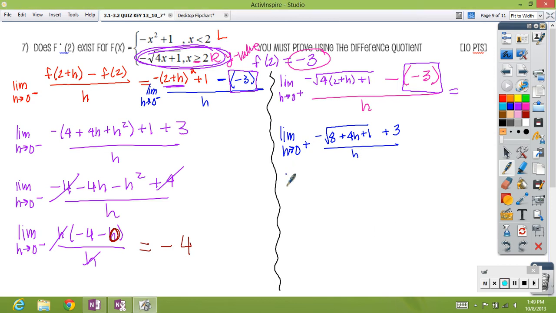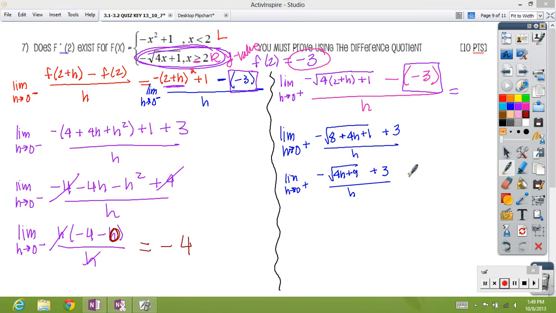You get the limit, having a hard time writing that, as h goes to 0 from the right, of negative root of 4h plus 9 plus 3 all over h. I'm going to multiply numerator and denominator by negative root of 4h plus 9 minus 3 over negative root of 4h plus 9 minus 3.